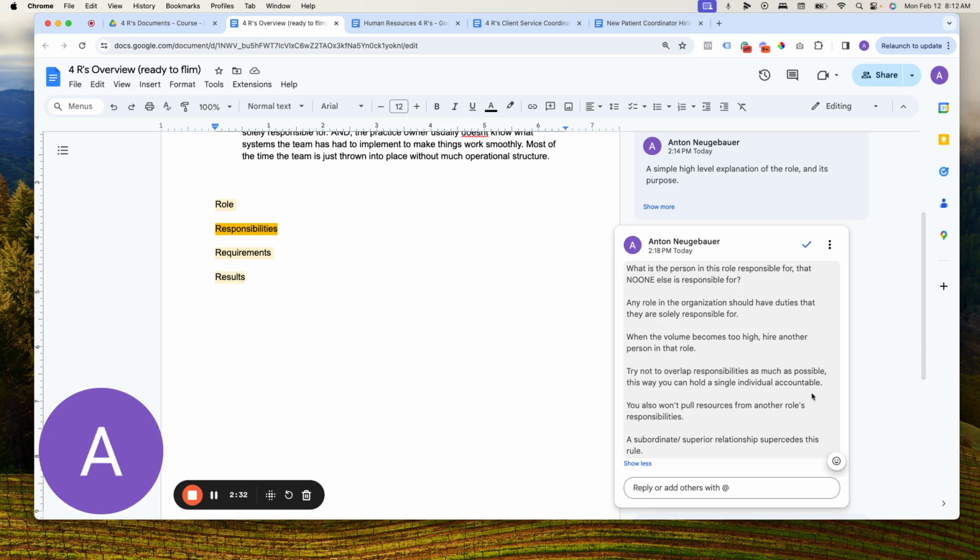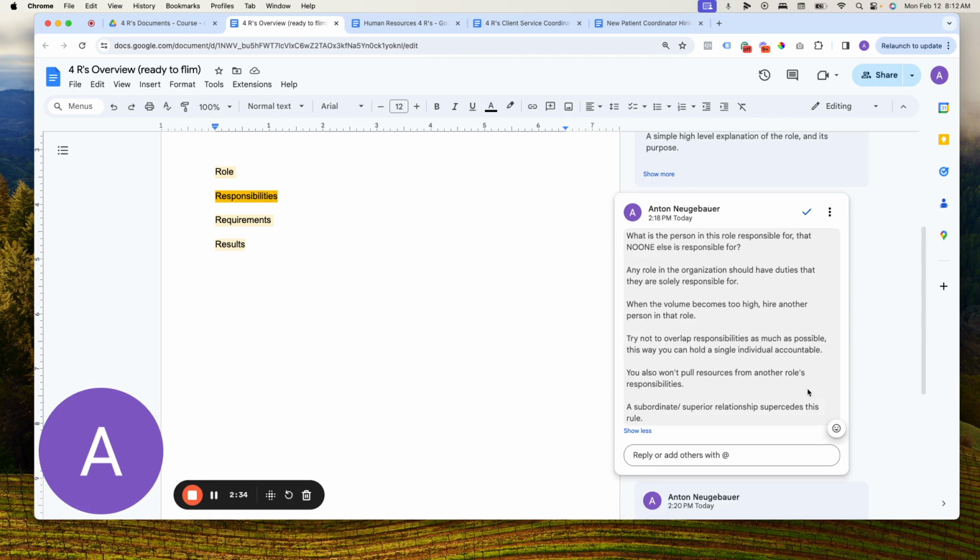This way you can hold a single individual accountable, and you also won't pull resources away from another role's responsibilities. A subordinate-superior relationship supersedes this rule. Like an office manager and front desk: if the volume's too high at the front desk, or the front desk person is out for a day, obviously the office manager is going to have to step in.